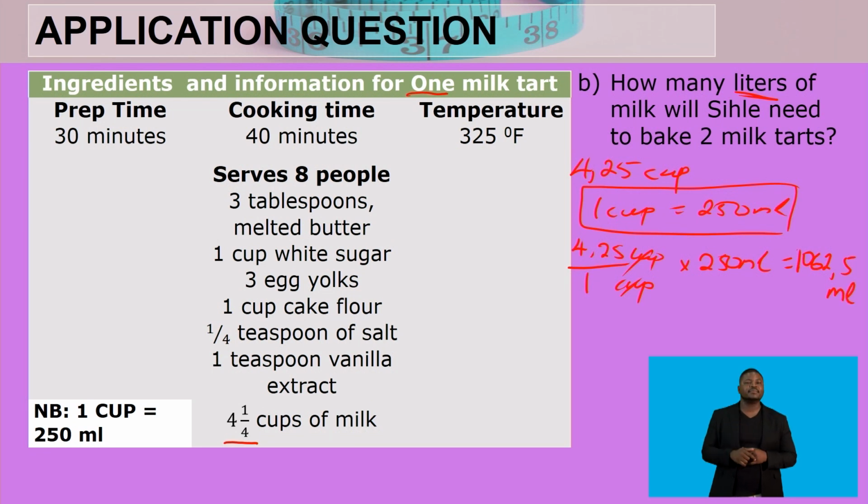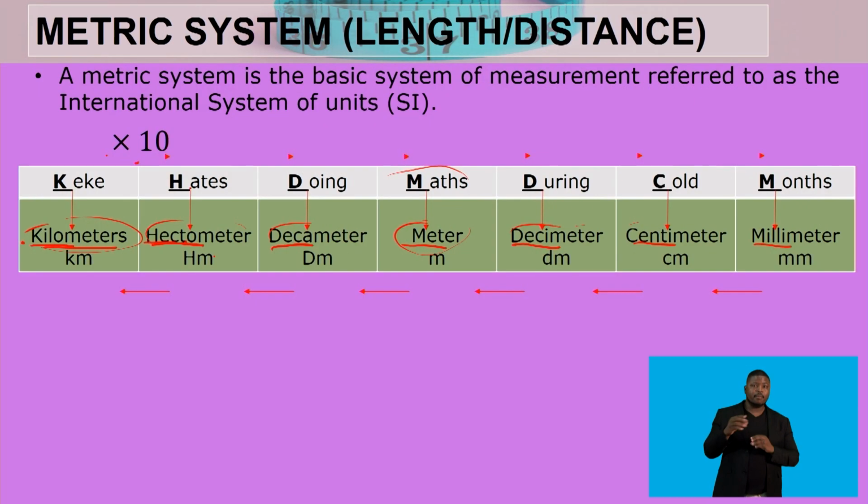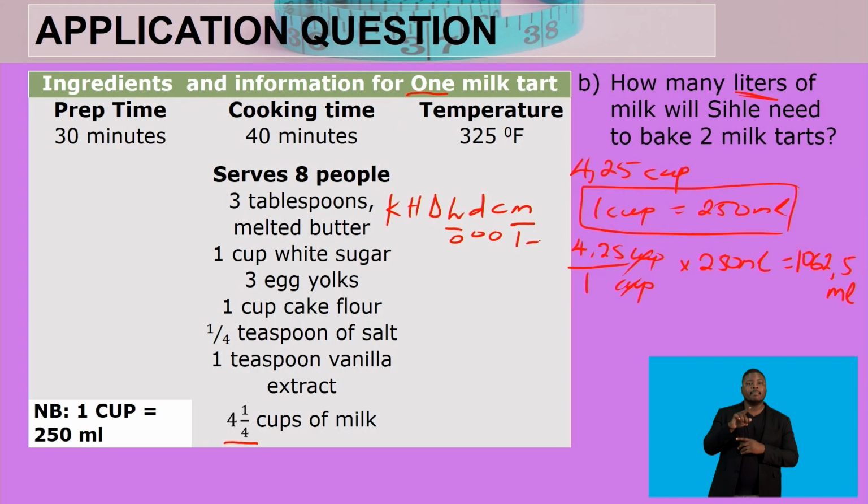Remember the keke that we used. How do we convert from milliliter to liter? We say keke hates doing, remember it's what? It is volume, so it's L-O. Hates doing L-O during cold months. So we are moving from milliliter to the L-O, to the liters. So you put a 1 and it zeros up until then you divide. So it means you're going to divide the 1,062.5 divided by 1,000.